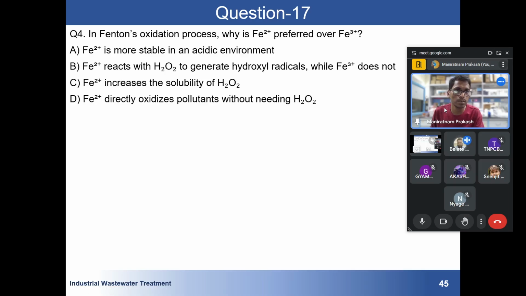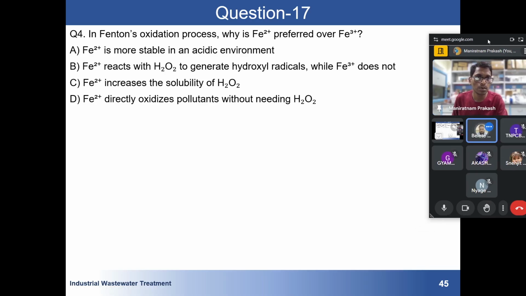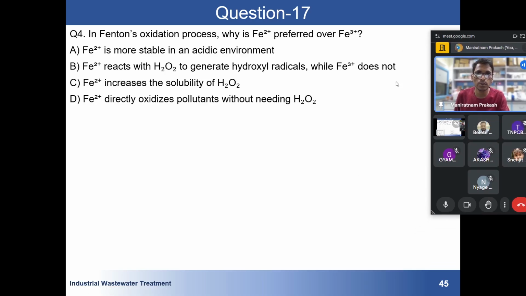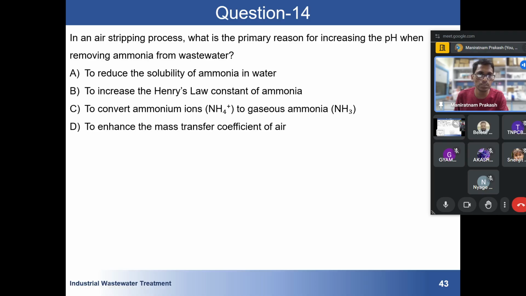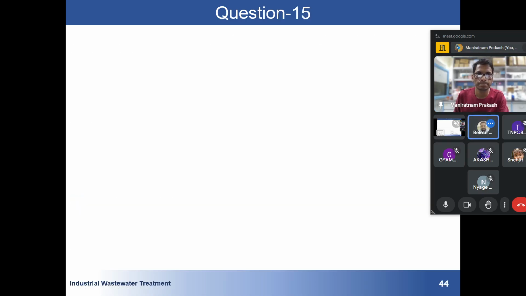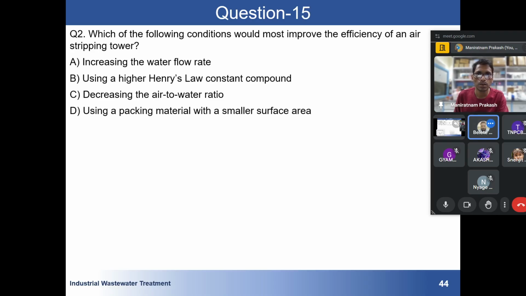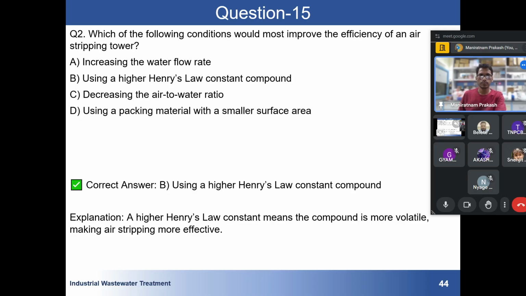Are you able to see now? Yes, I'm seeing. Where were you able to see these questions? Yes, the previous one. Now we can see it, sir.